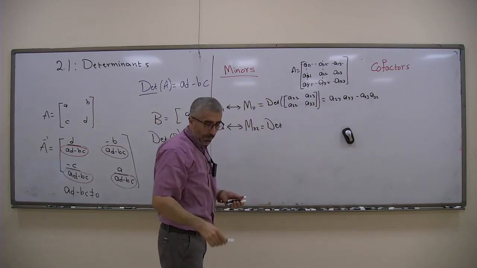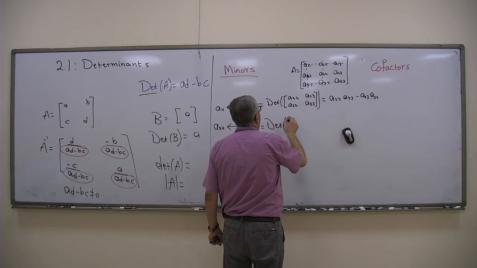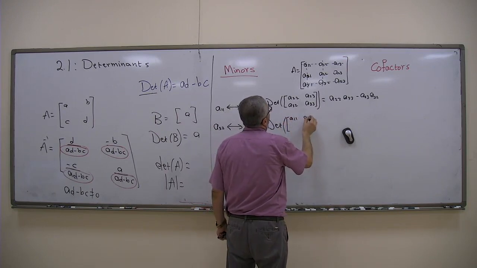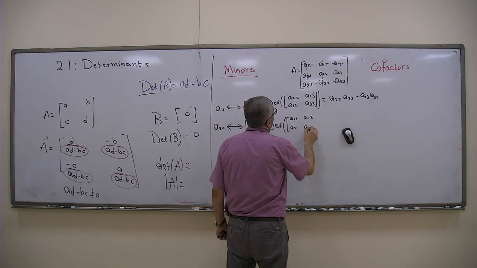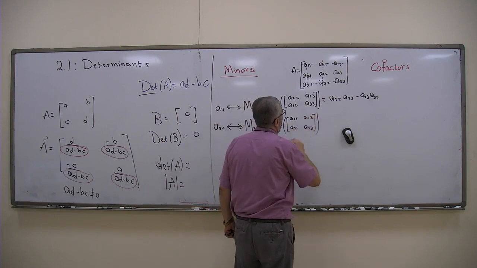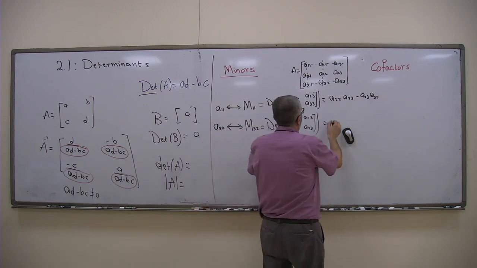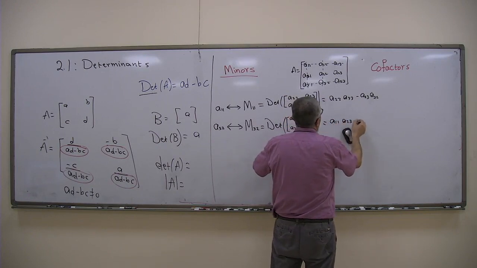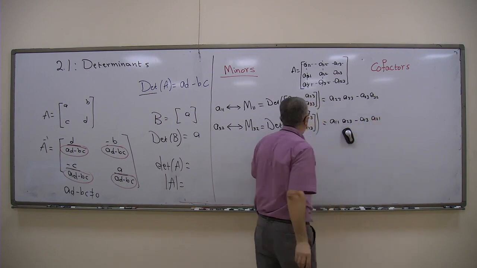So what is left is A11, A13, A21, A23. And what is that? That is A11 A23 minus A13 A21.